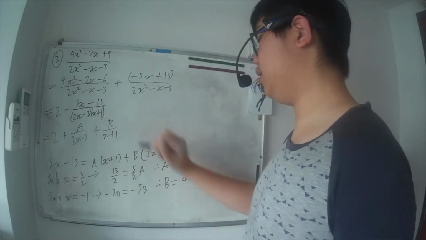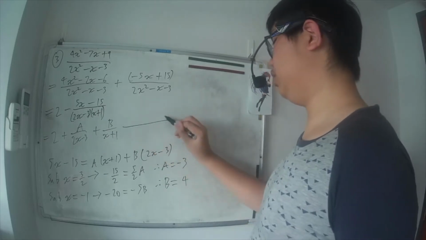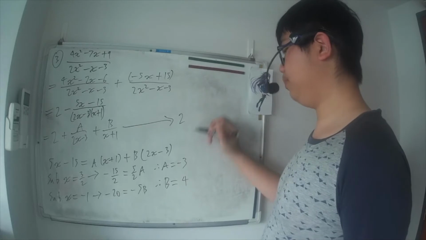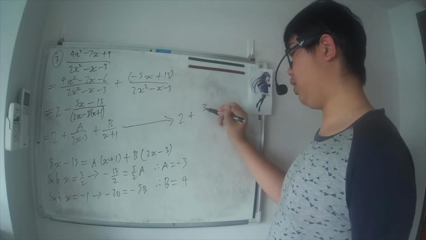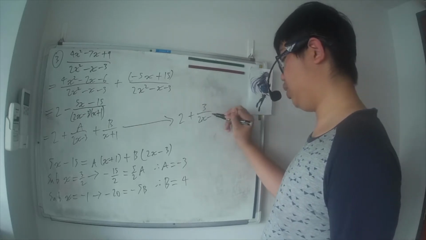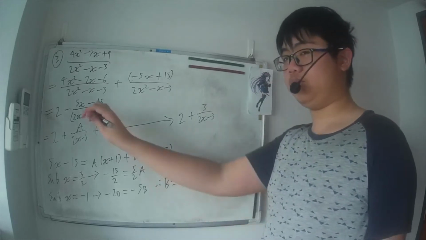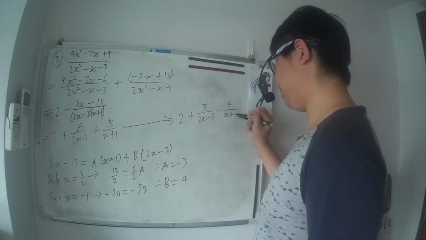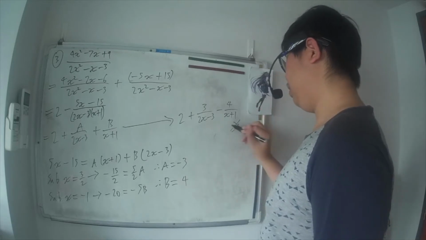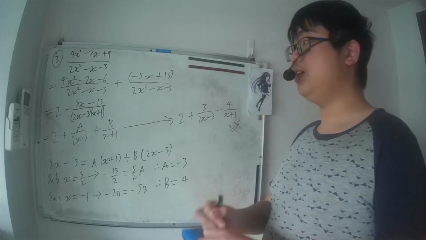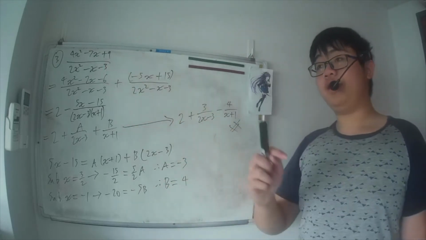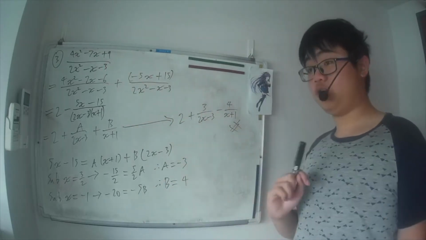Actually, let me just rewrite this over here. This is 2 plus 3 over 2x minus 3, and then this is 4, but because of this minus, I shall put a minus here, 4 over x plus 1. And this is your partial fractions. So once again, similar case to the 2016 O-level, distinct linear factors and improper fraction for your partial fractions.